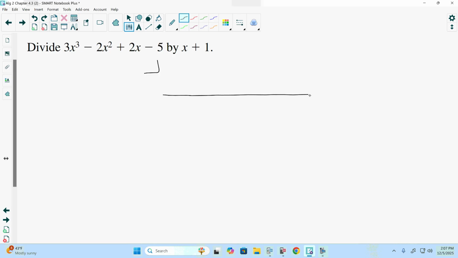The question is, does the remainder have to be 0? No. The remainder does not have to be 0. It's just worked out that the remainder on these is 0. And interestingly enough, the way we write the remainder for synthetic division isn't any different than long division.